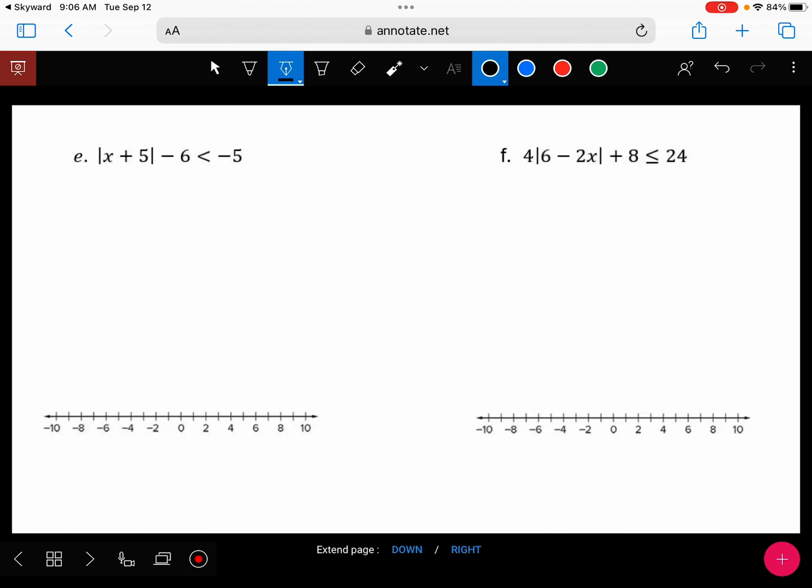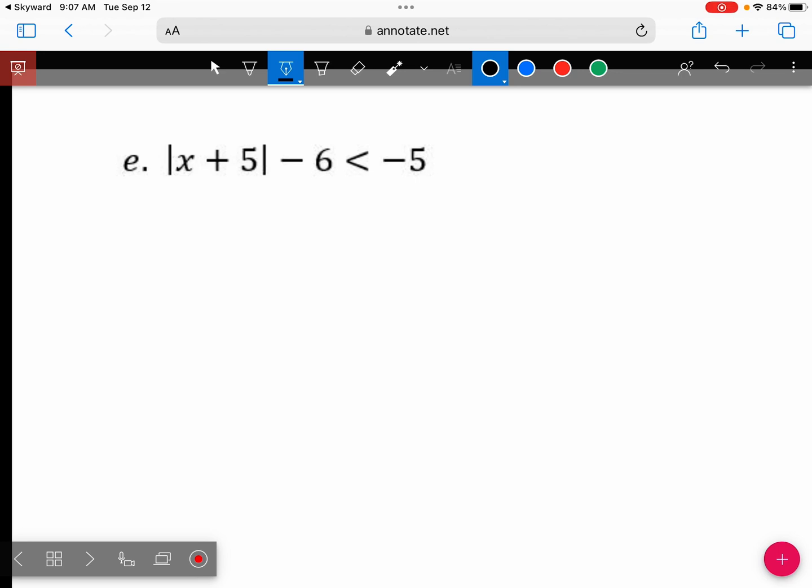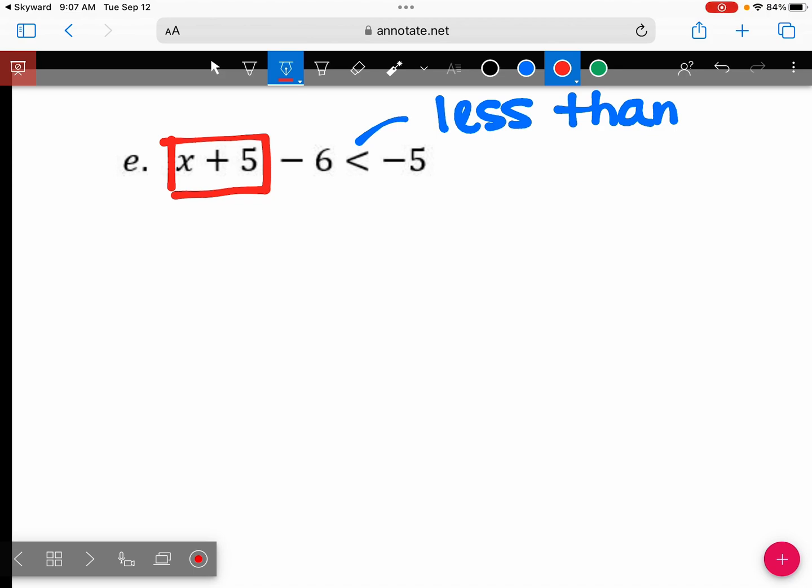All right, so for page 9, this says less than. So this is a less than, which means it's going to be between. So your first step is to get the absolute value by itself. So that minus 6 that's being subtracted from my box, I'm going to add it.